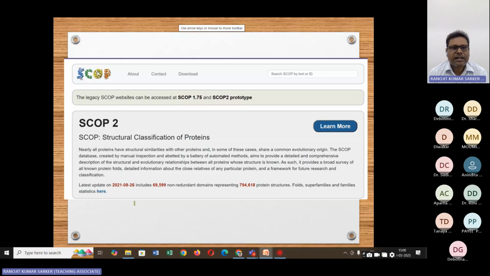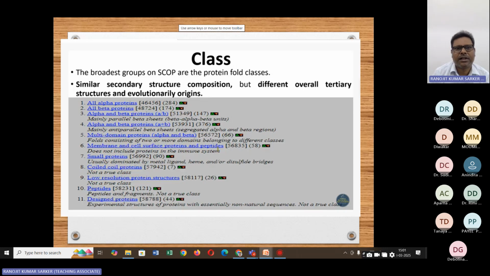Now this is the database, and I'll show you within a few minutes how we can access the SCOPe database. These are the home page of the SCOPe database and these are the classes. That's what I was talking about, the four important classes.